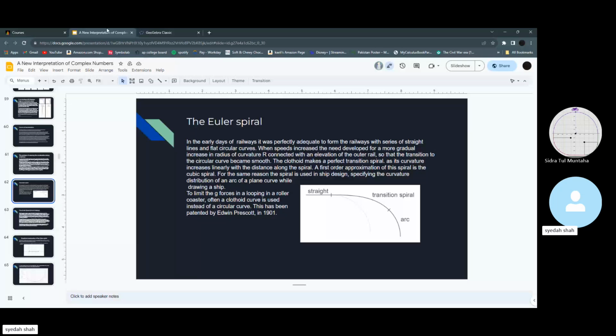This has been patented by Edwin Prescott in 1901. Okay, so I guess everything is clear here. Yes. Okay, so we can move next.